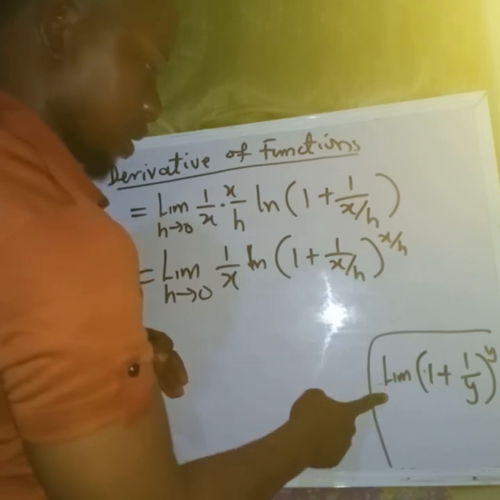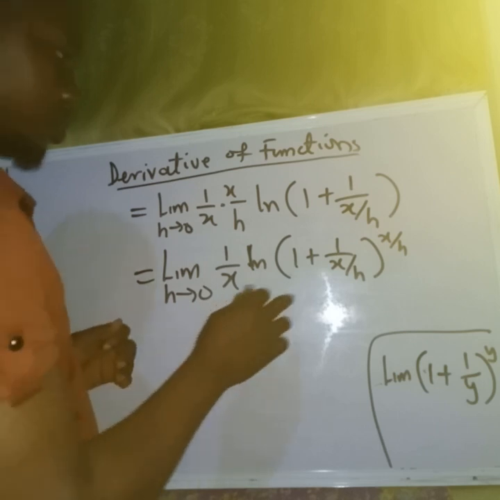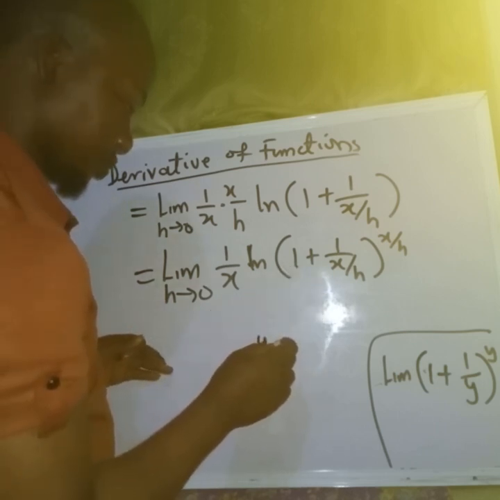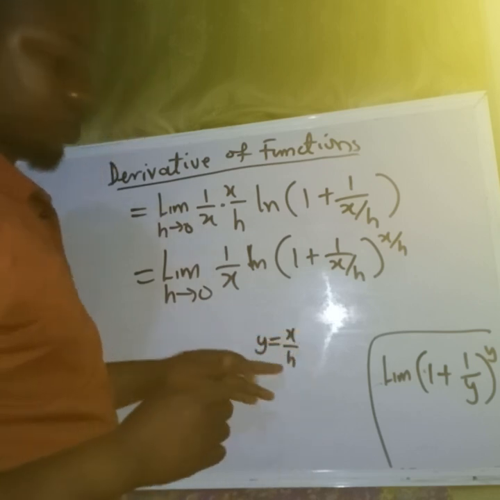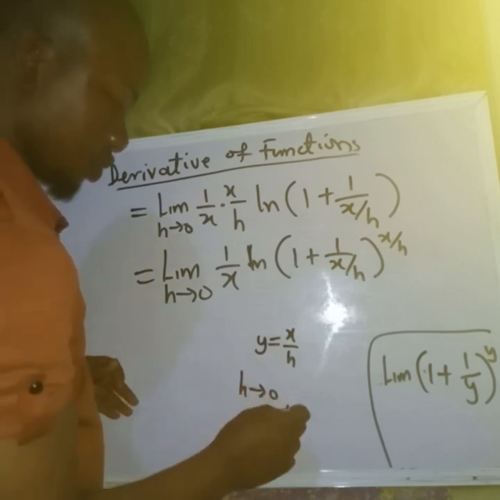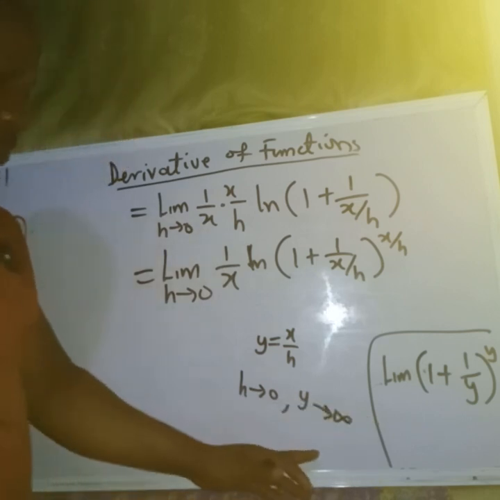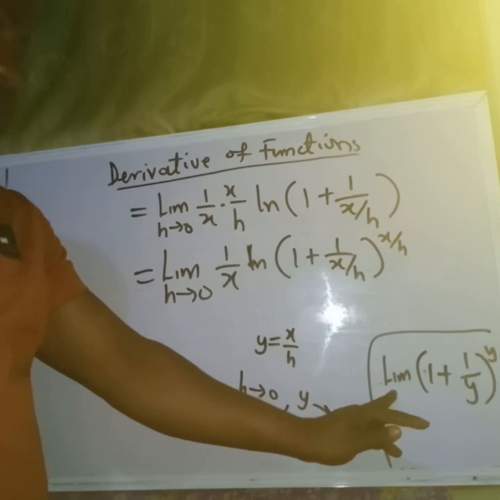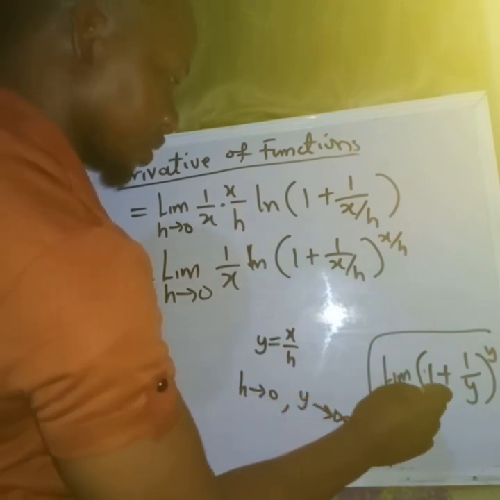If y is x over h, for example, and h goes to 0, then y goes to infinity. So we can change the variable underneath to y tends to infinity.